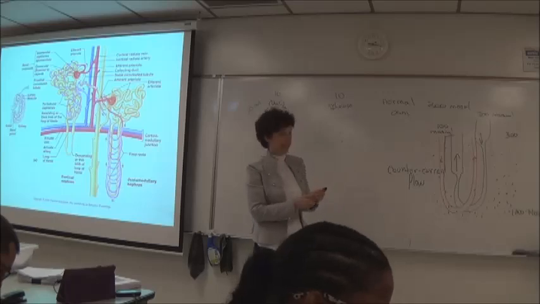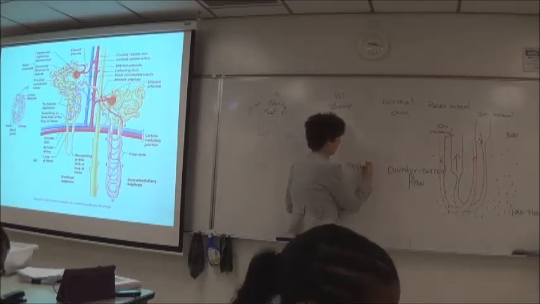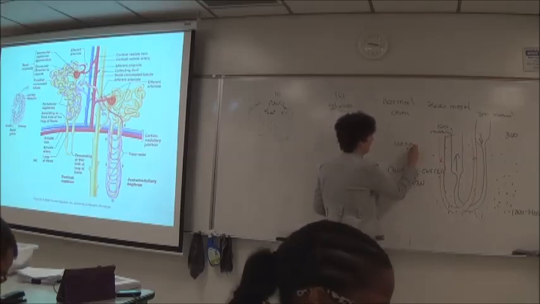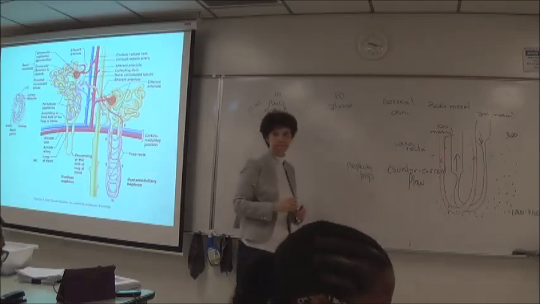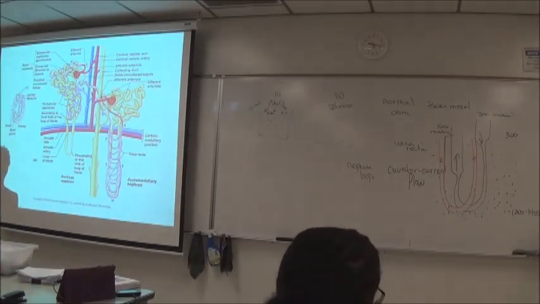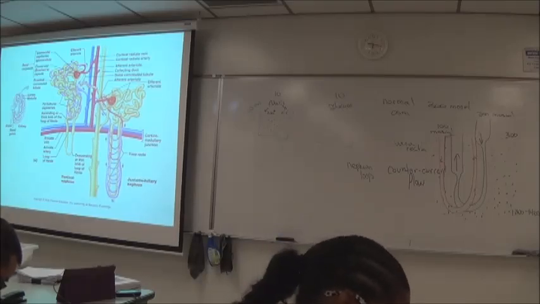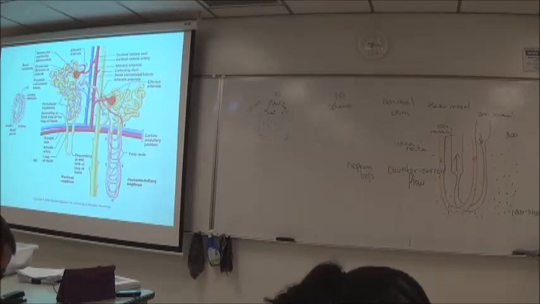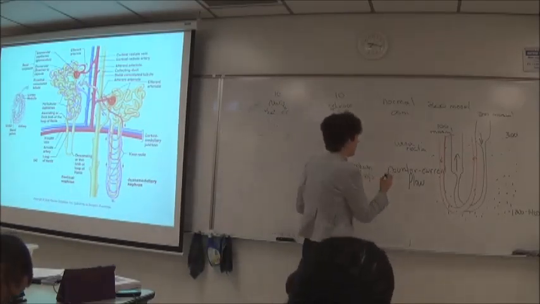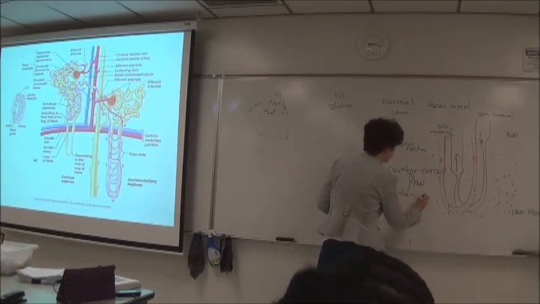So the nephron loop has a countercurrent flow, and our vasa recta has a countercurrent flow to the nephron loop. However, we have pumps that are present in components of the nephron loop, in the thick ascending segment. So not only is this a countercurrent flow, but because of the pumps, the nephron loop becomes a countercurrent multiplier.